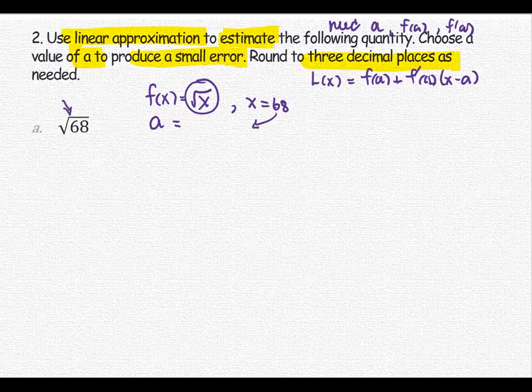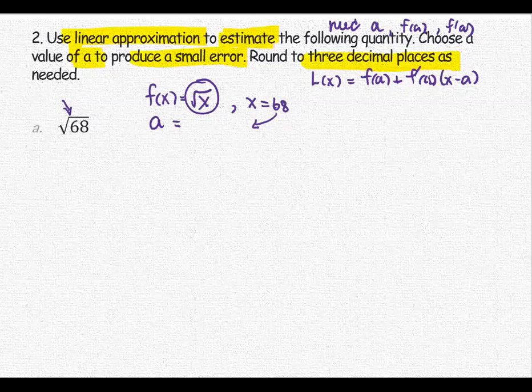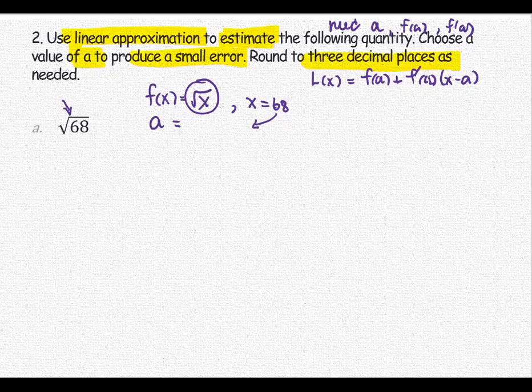Another hint, you have the square root as a function. You're going to pick the value A that is convenient for you to work on the steps in the process, and the number must be close to 68. The hint is you're going to have to do something involving square root.